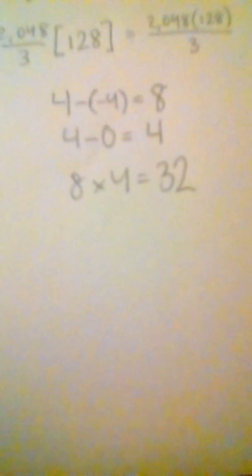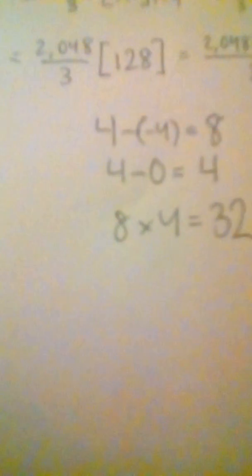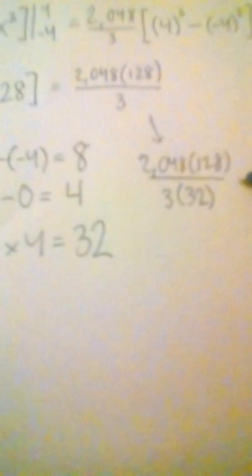So we would actually divide by that. We wouldn't multiply. So that would actually become 2048 times 128 divided by 3 times 32. And eventually, if you simplify that, you will get 8,192 divided by 3. And that would be your average right there.